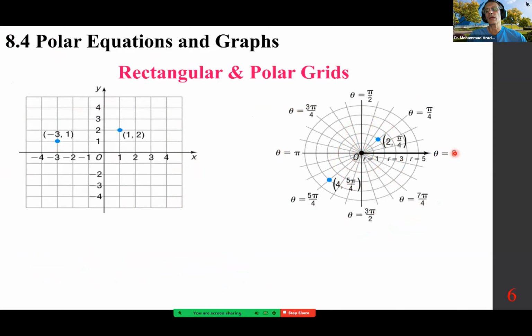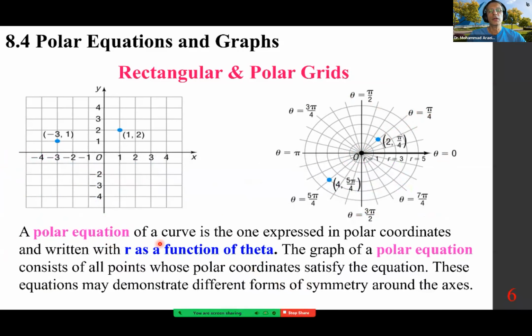For example, this is theta equal to 0. This is theta equals pi over 4. This is theta equals pi over 2, 3 pi over 4, pi, and so forth. So everybody is familiar with the angles. So for example, if you are on the second circle, r is 2, and on this line, theta equals pi over 4.